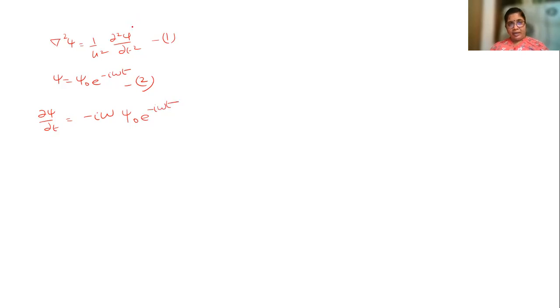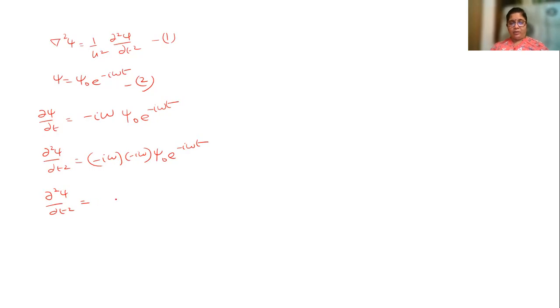Now I want an expression for dou square psi by dou t square. So what should I write? Dou square psi by dou t square is equal to minus i omega into minus i omega psi naught exponential minus i omega t. So what does it become? I will get i square omega square.